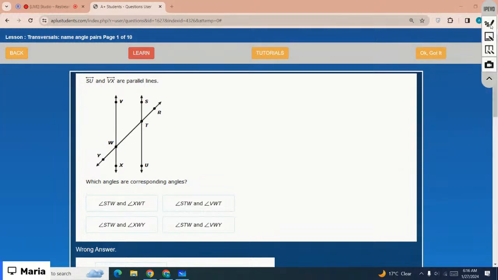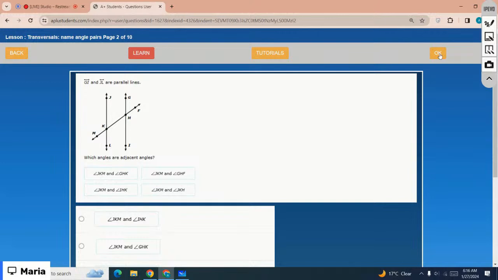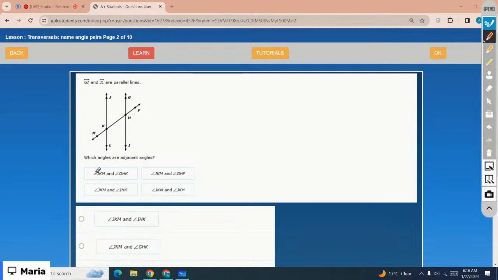Okay, the next one is GI and JL are the parallel lines. Which angles are adjacent angles? Okay, let's just see which angles are adjacent. JKM and GHK, they are not adjacent, right?